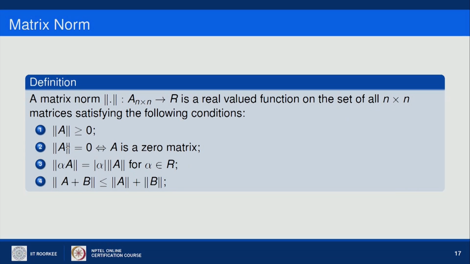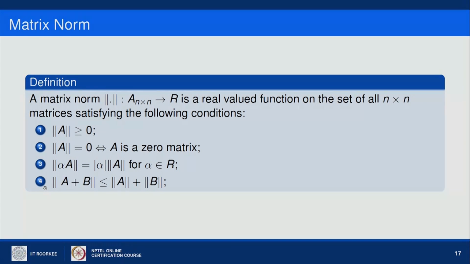The second condition is it will be 0 if and only if A is a null matrix or 0 matrix. If you multiply the matrix A by some scalar alpha, then the norm of alpha times A will become the absolute value of alpha times the norm of A, for all alpha belonging to the set of real numbers.